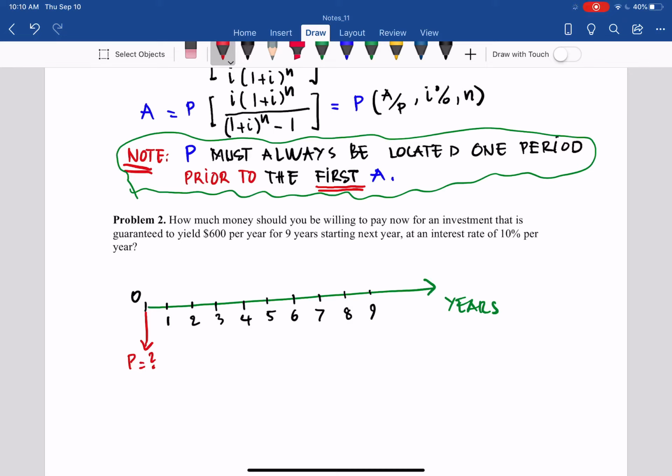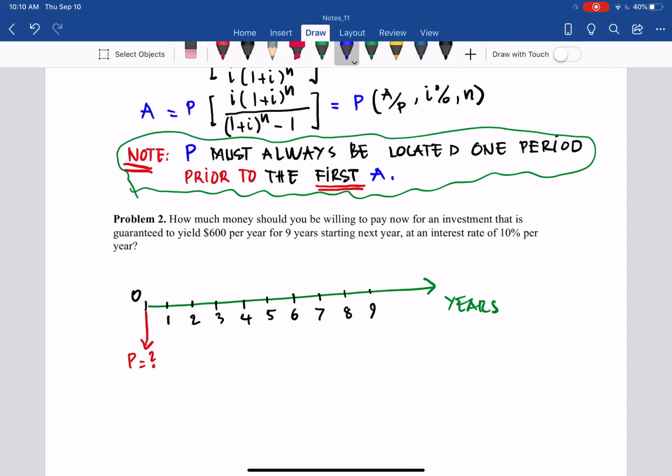To have a guaranteed yield of 600 per year for 9 years, starting next year. Starting next year means at the end of the first year, so it will be here, the first one, the same amount, so it will be uniform.